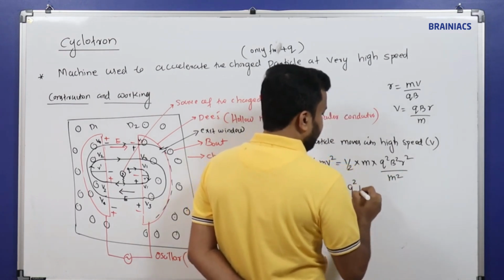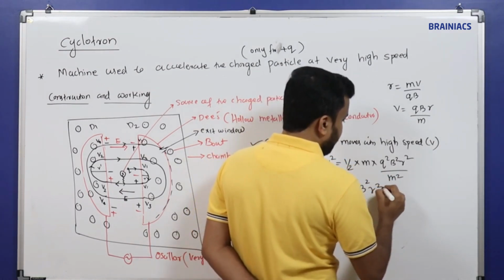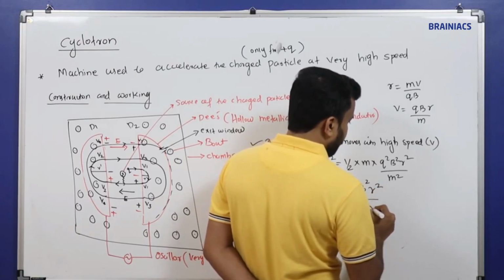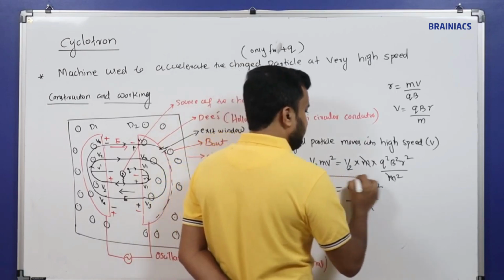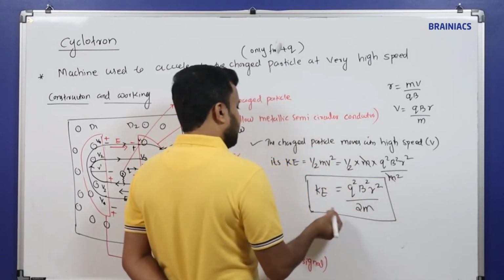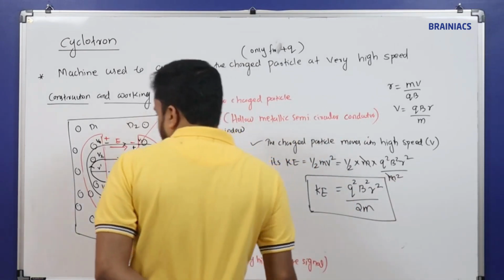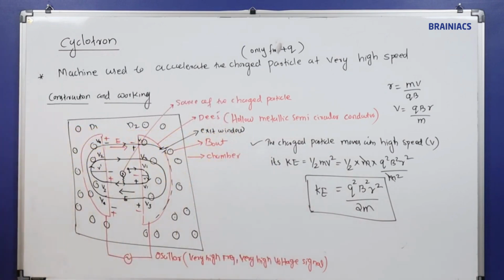Once we simplify, we get q squared B squared R squared divided by 2m. One m got cancelled. This is the equation for kinetic energy. Remember this equation, as such it may be asked as a question in your entrance examinations. Hope this is clear.